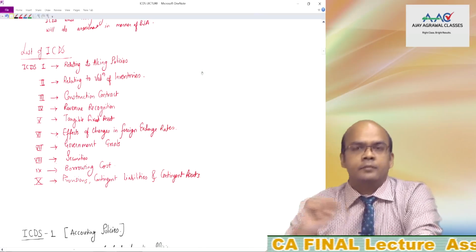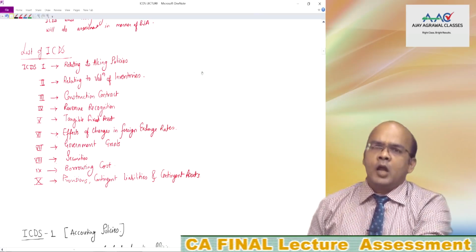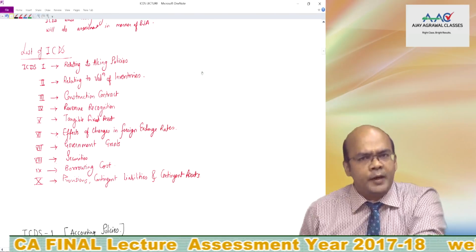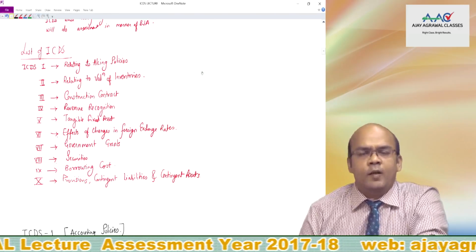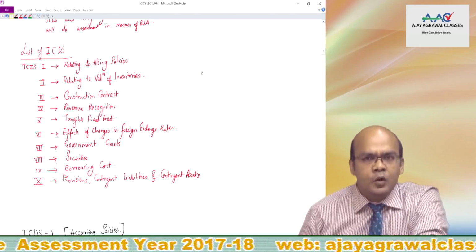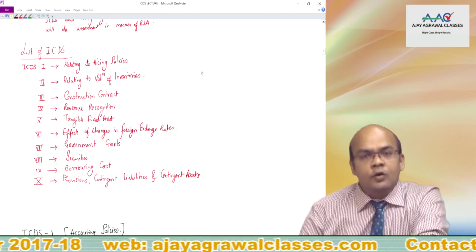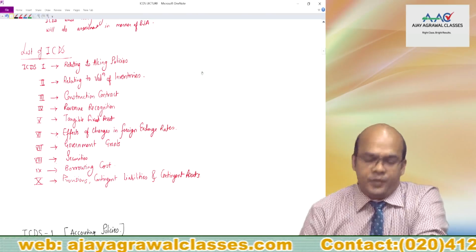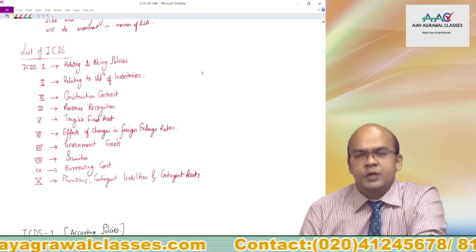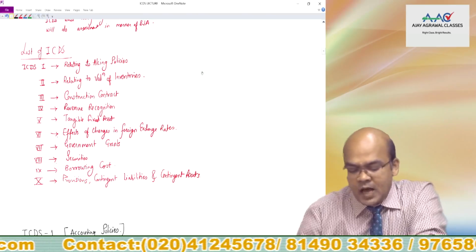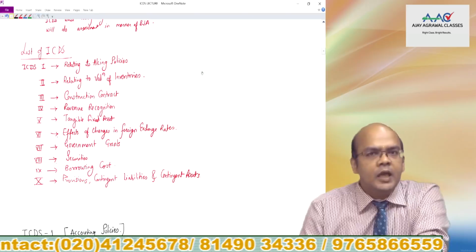Fine. Then government grants, when to recognize it as a revenue, at which point it should be treated as your revenue, whether it should be a revenue means income or it should be treated as a capital receipt, that is given in your ICDS 7. Fine. Then securities, treatment, valuation, revenue recognition of securities are given in ICDS 8.